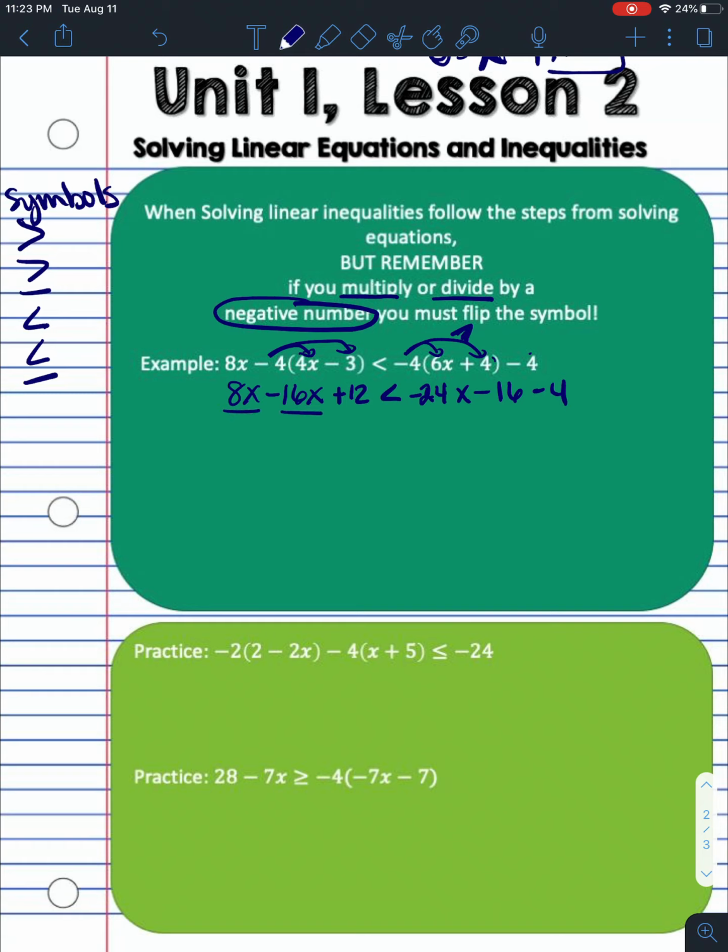Now let's combine our like terms. So we have negative 8x plus 12 is less than negative 24x minus 20. So we have negative 16 minus 4. So now I'm going to go ahead and do plus 24x on both sides. So if I add 24 to a negative 8, that's going to end up giving me a positive answer, right?